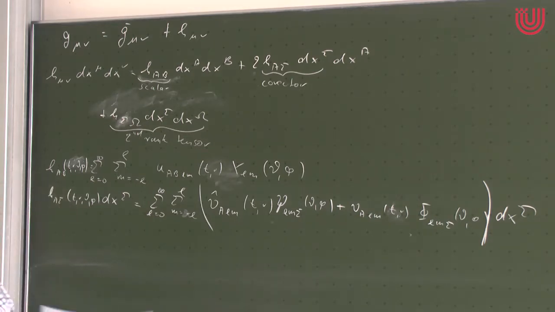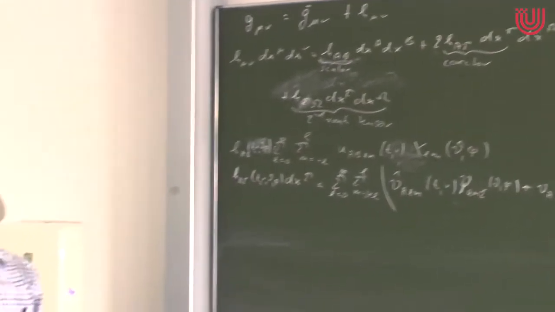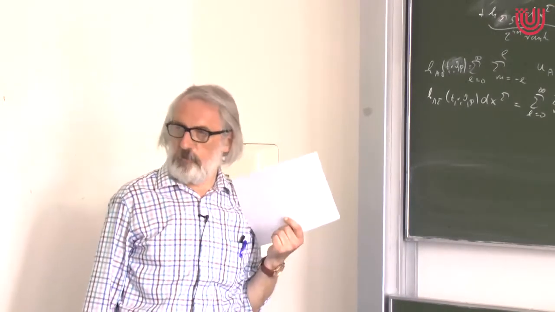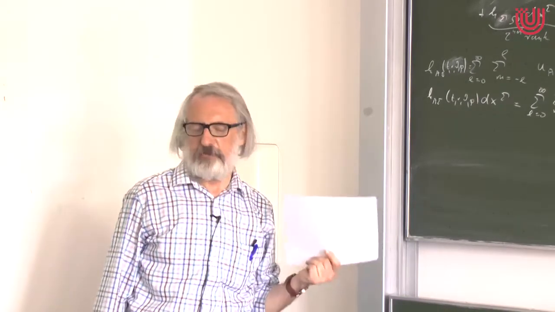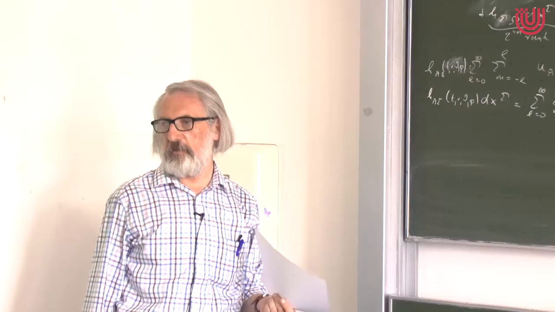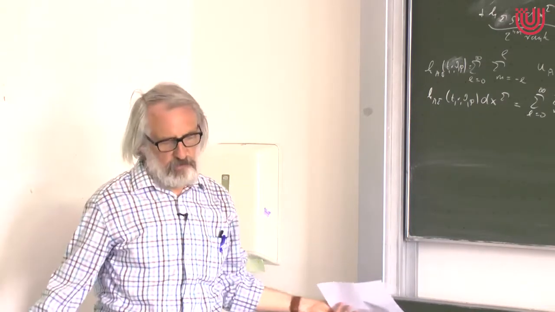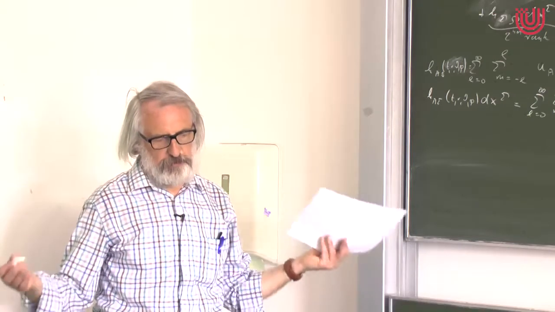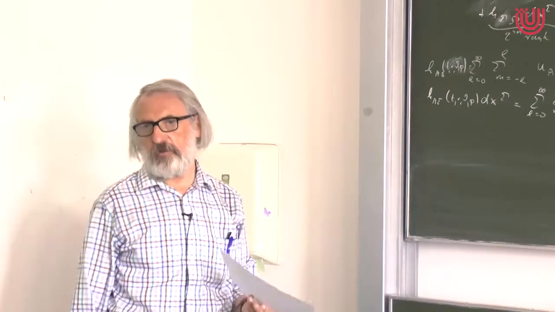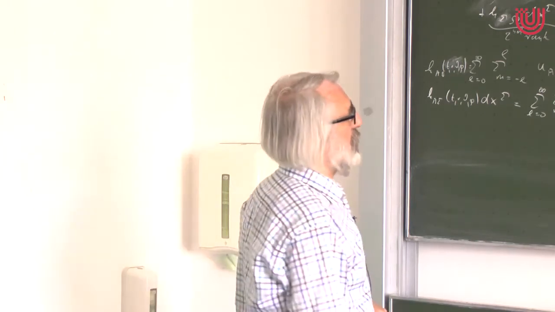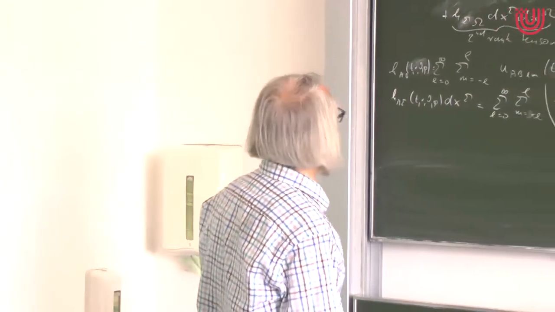And the wave operator on a spherically symmetric static spacetime involves the Laplace operator. So it's a good idea to use something which has something to do with the eigenfunctions of the Laplace operator, and that's the spherical harmonics. Yeah, the spherical harmonics are the eigenfunctions of the angular part of the wave operator. That's why it's convenient to use them.